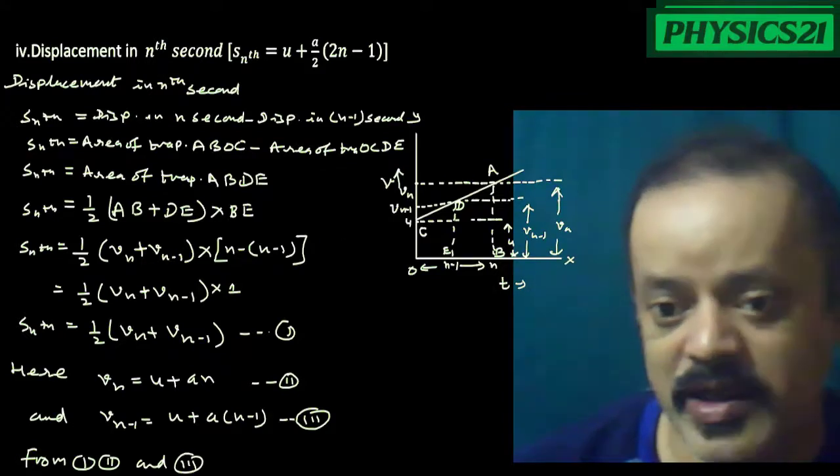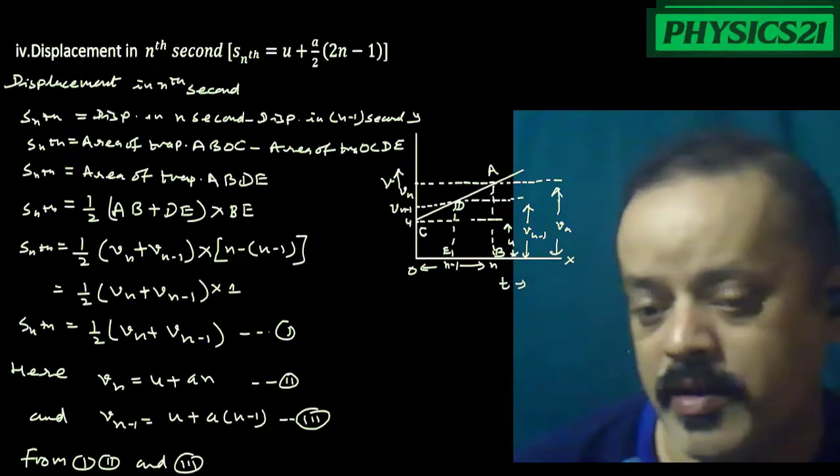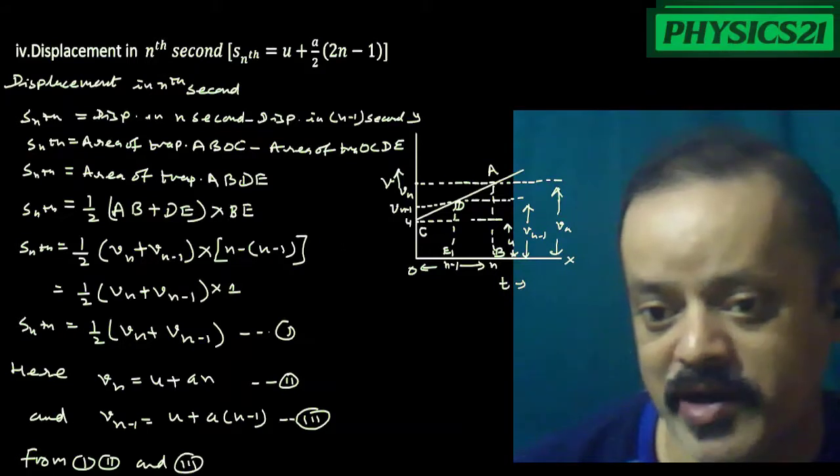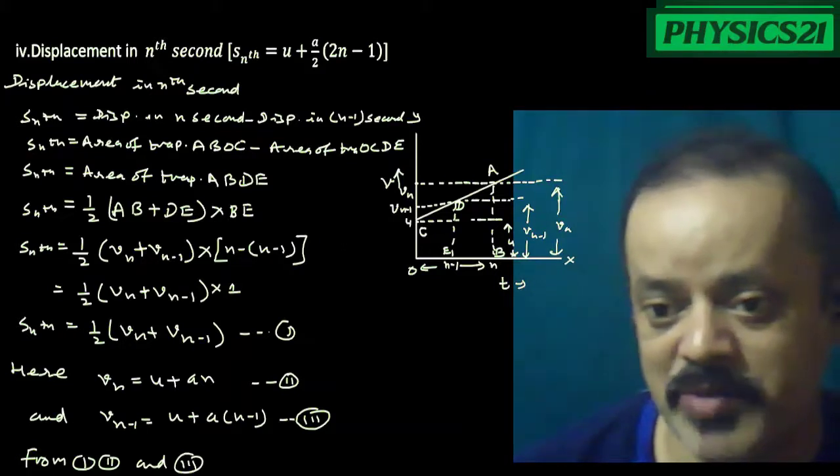So to find this area, we use the formula 1/2 times the sum of the parallel sides multiplied by the perpendicular distance between the sides.